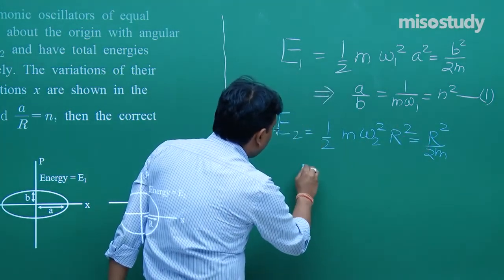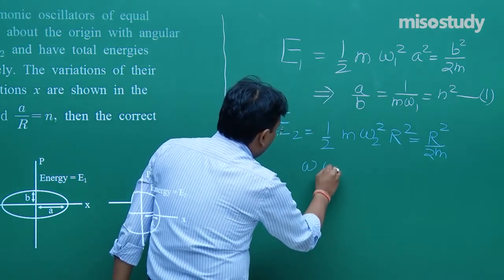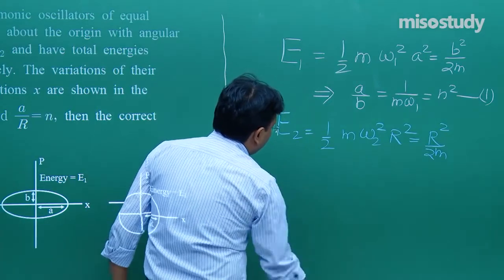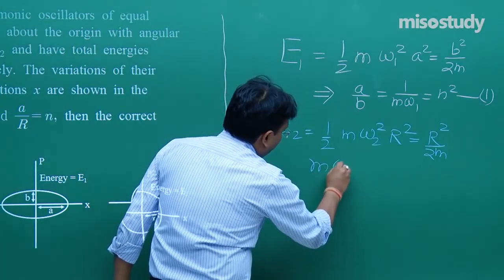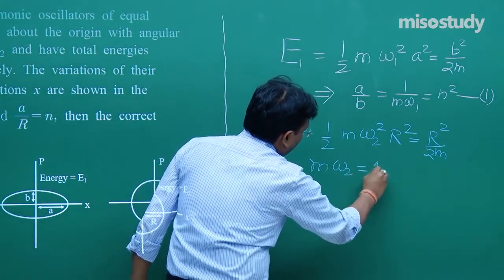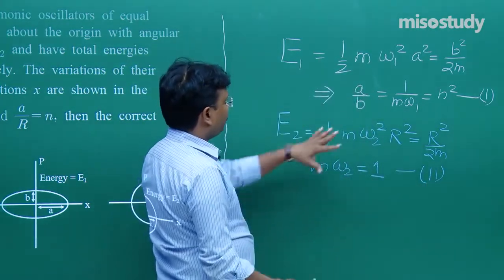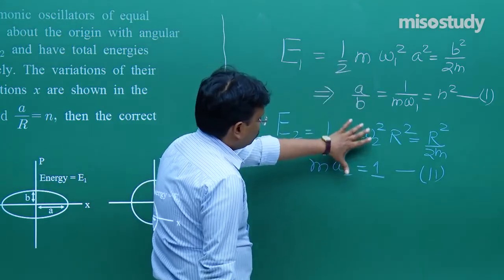So now what I can write down is m omega 2 is equal to 1. This is equation number 2. So now I mentioned these two equations in two different colors.